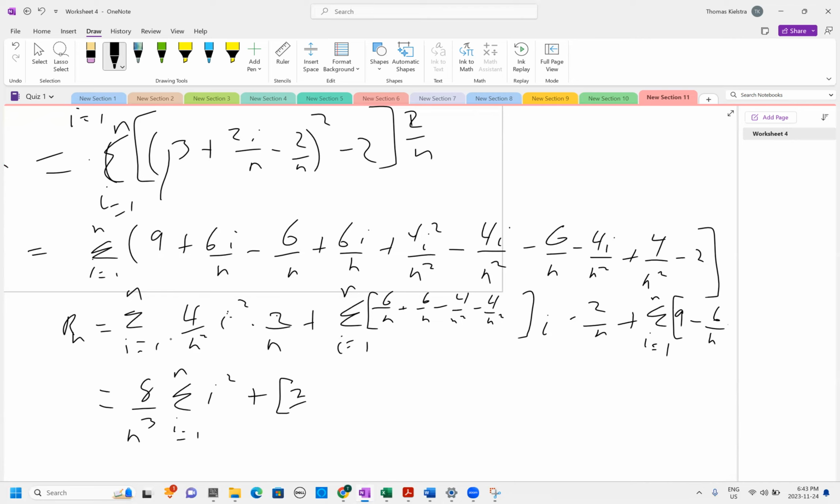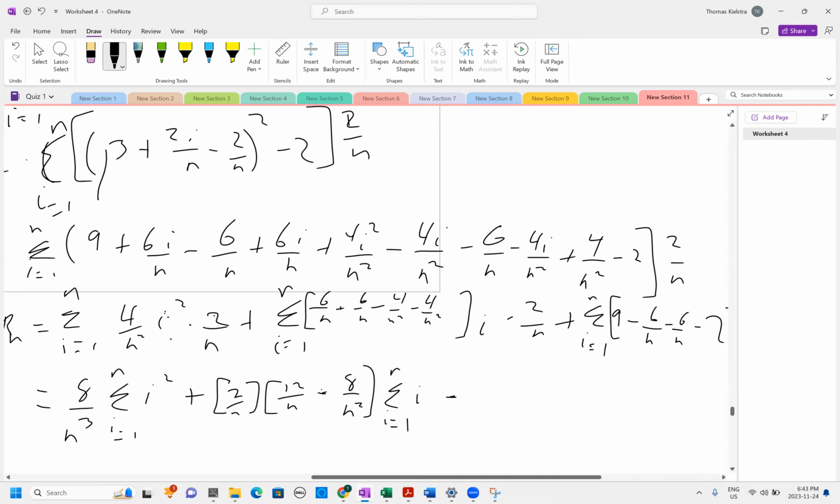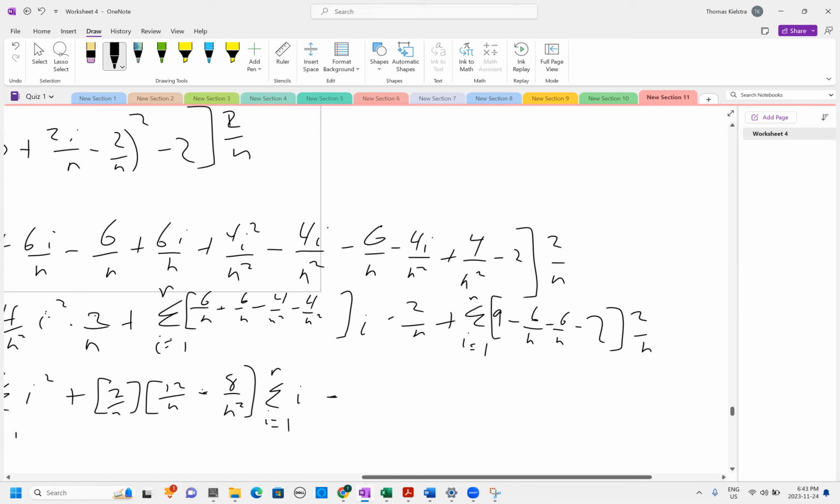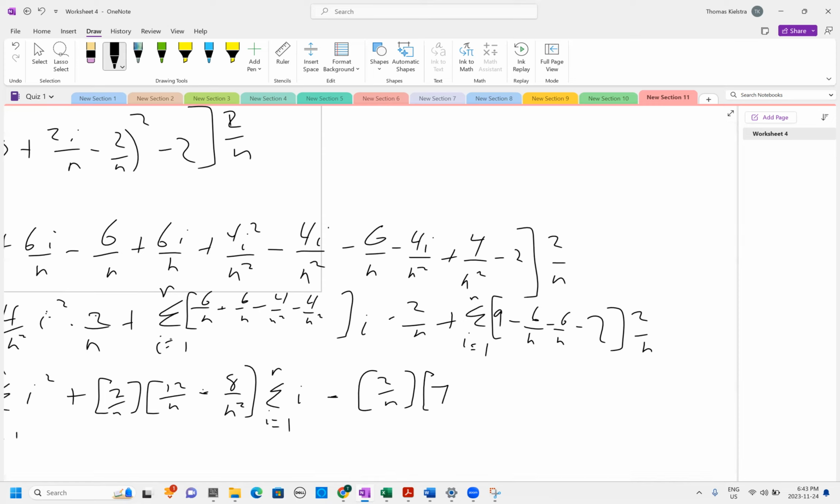So we have 2 over n times 12 over n minus 8 over n squared times the sum of i equals 1 to n of i, minus, here we got 9 minus 2, which is, we still have that 2 over n multiplied by 9 minus 2 is 7 minus 12 over n times the sum of i equals 1 to n of 1.